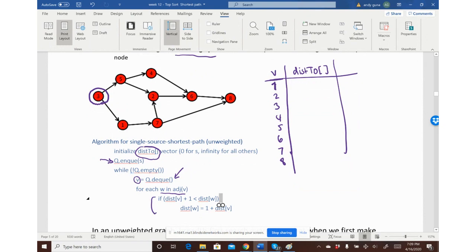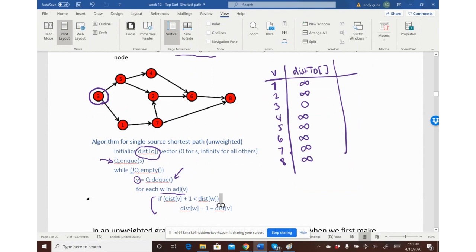I'm going to start from 3, so the distance from 3 to 3 is 0. I'm going to assume all the other distances are infinity, because I haven't considered anything yet. I have no idea what these distances are going to be.